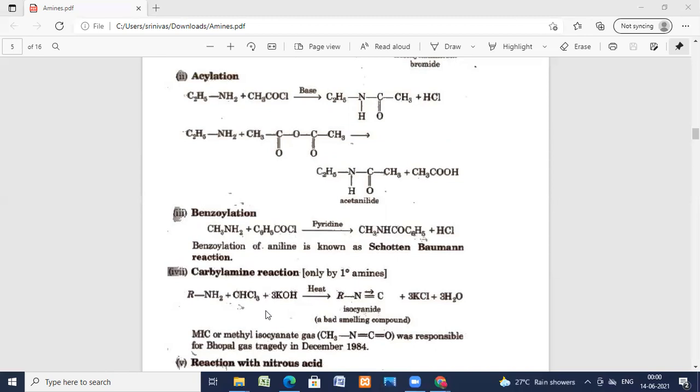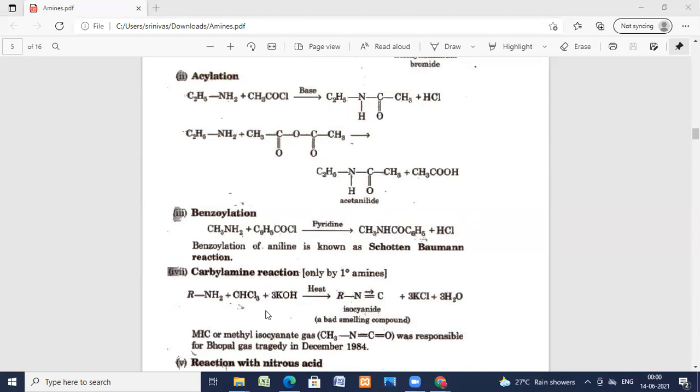So primary aliphatic amine or primary aromatic amine can undergo this reaction. When aniline, C6H5NH2, reacts with chloroform and 3KOH on heating, it gives C6H5NC, 3KCl is formed and 3H2O is formed.